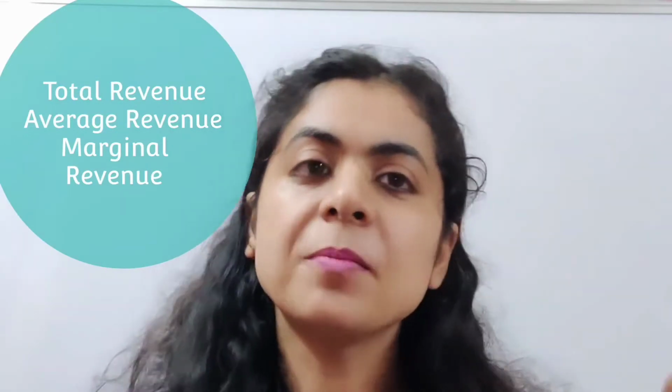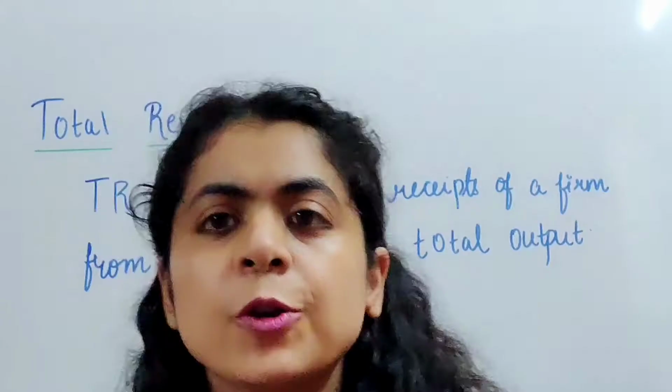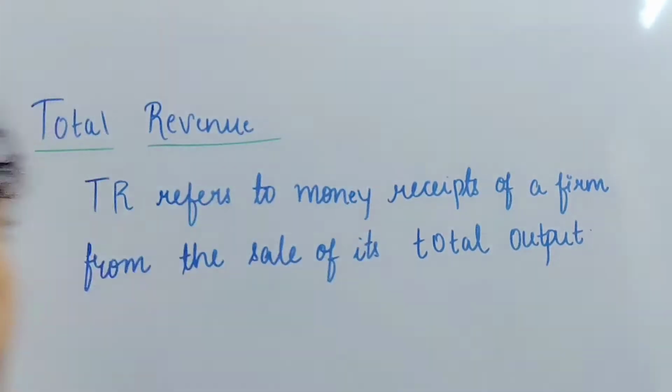Now, revenue is estimated in three different ways: total revenue, average revenue, and marginal revenue. Total revenue refers to money receipts of a firm from the sale of its total output. So, the total amount of money received by the firm by selling all its units is total revenue.